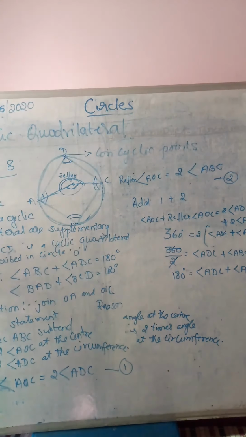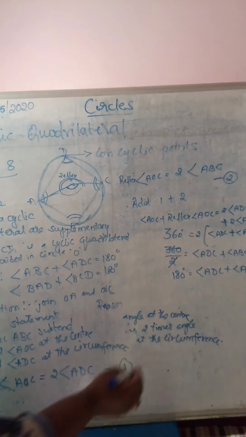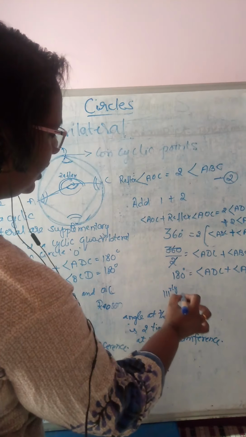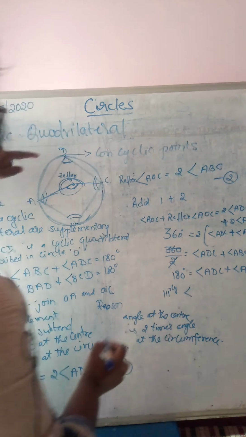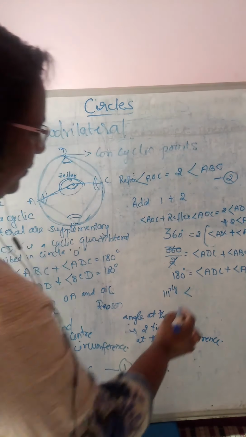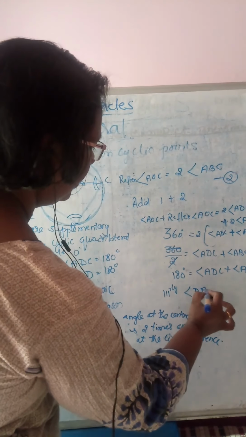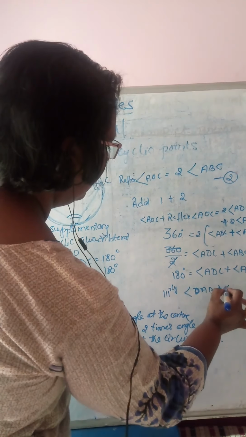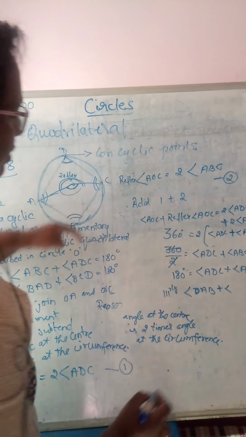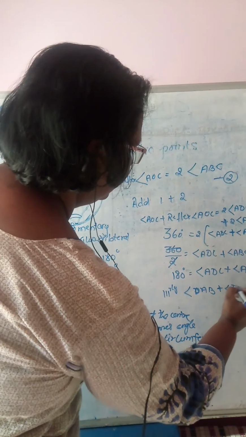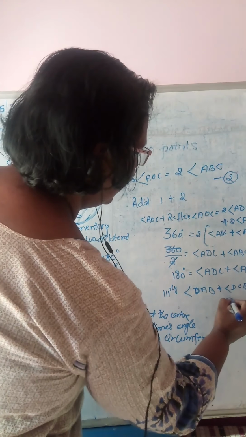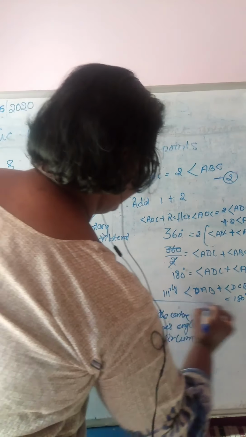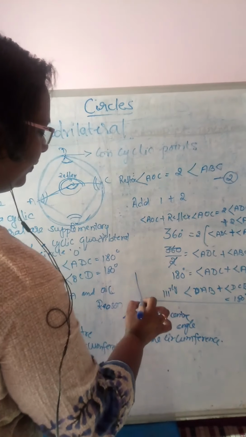Now similarly, angle DAB plus angle DCB will be equal to 180. Hence proved. So we have proved it.